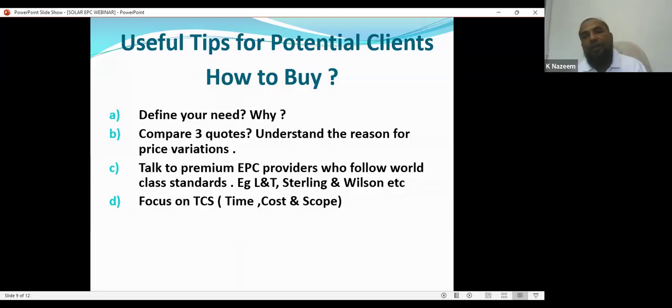The fourth reason could be tax benefits. Suppose I am paying a lot of income tax, and there are so many government policies and benefits, tax benefits, that is called accelerated depreciation. Suppose I am paying say X amount of rupees as an income tax, and I go for solar.